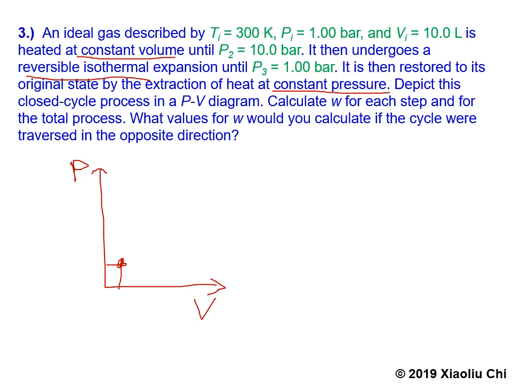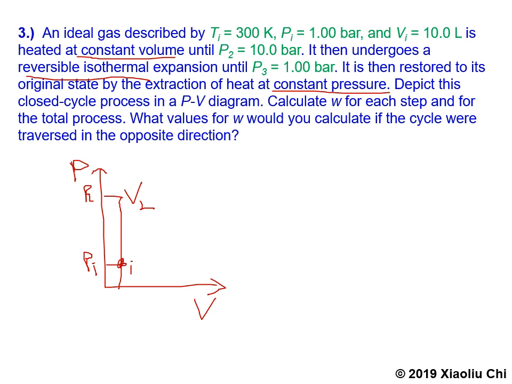So constant volume means a vertical line. The volume doesn't change. So if this is the initial state, this will be P2, V2. So here you have P2, alright, and the V doesn't change, constant volume. So V2 equals V1, V initial. So this is P1 or P initial.